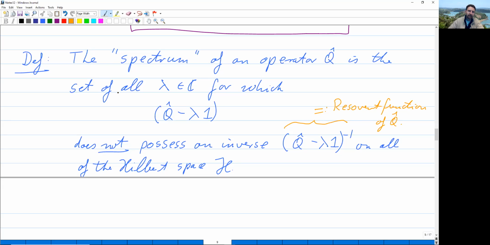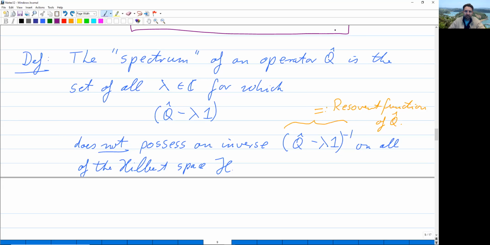What we are saying is that a number lambda is in the spectrum of our operator Q hat if this operator Q hat minus lambda is not invertible in the sense that it's not invertible on all of the Hilbert space, which leads to special cases that we will need to consider apart.